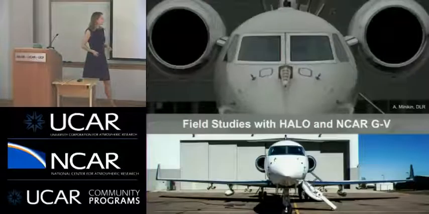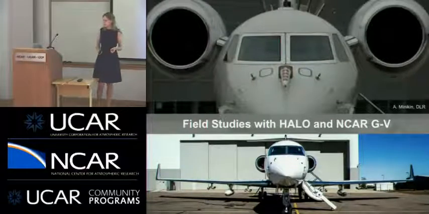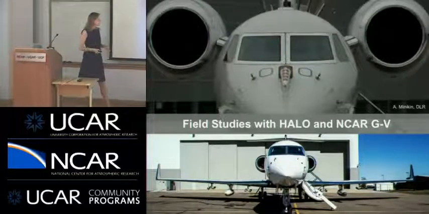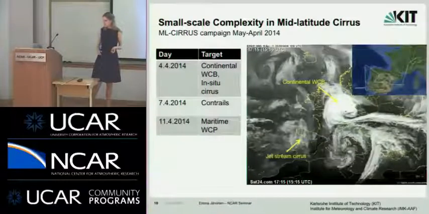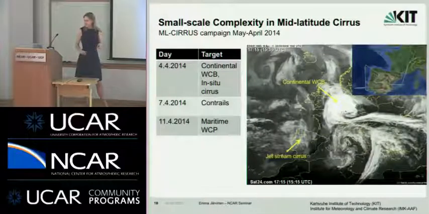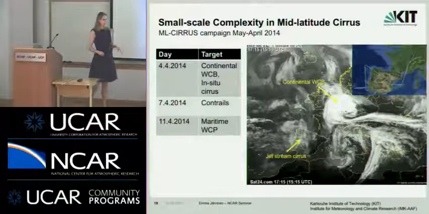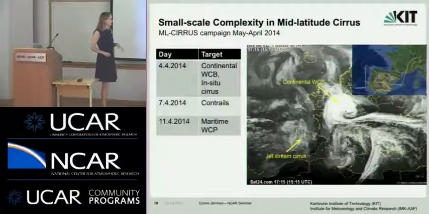And with this knowledge, we went into the field and did campaigns, and I'm going to show you results from the HALO aircraft and from the G5. In the first campaign, we were in the mid-latitudes, and we did have our polar nephelometer, but it wasn't really working at that time, so we were only able to investigate the complexity of the ice crystals.